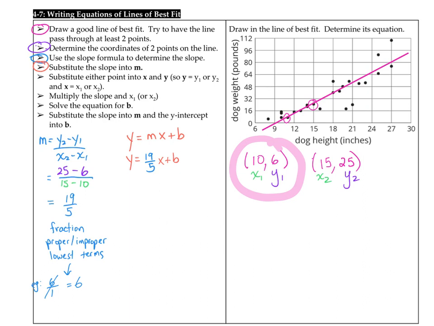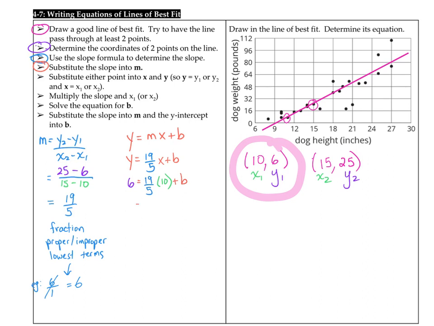So if we pick this one, then the 6 goes in for the y. At this point, we've done all this before. And the slope is 19 over 5. And the x was 10, plus b. So all of this you've done before.